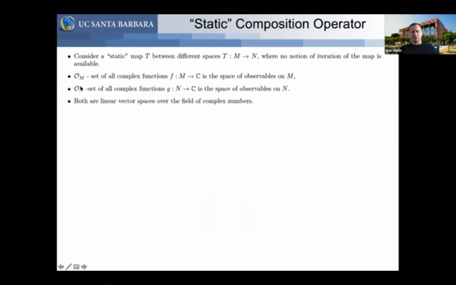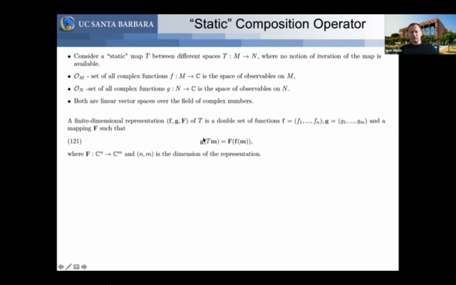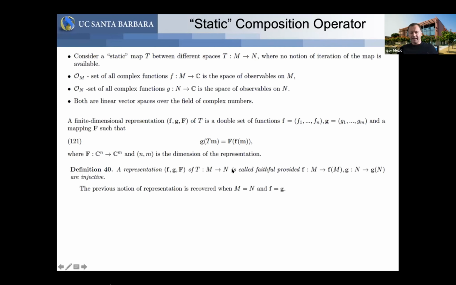So now we have observables on different spaces. The representation now has a set of functions G on one of these spaces, and a set of functions F, capital F is similar. And then it's called faithful, provided again we separate both the input F and the output G.